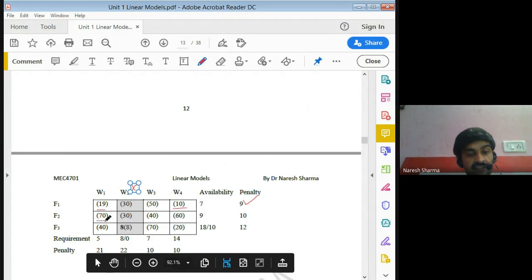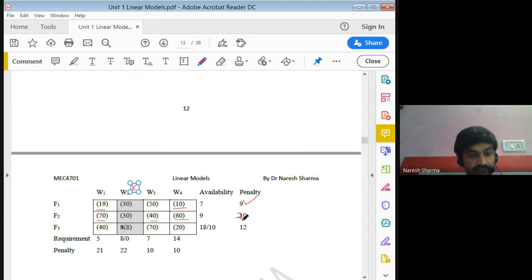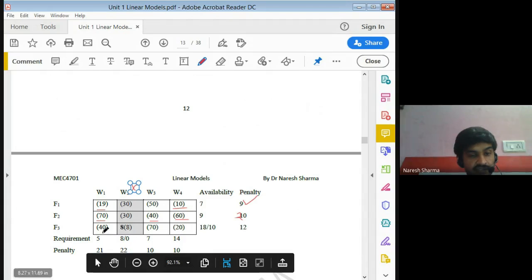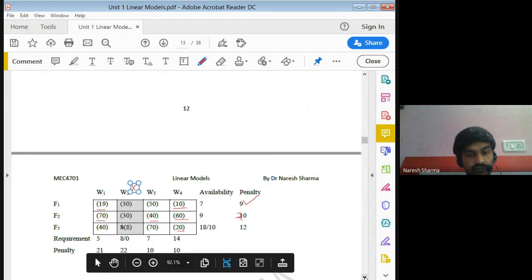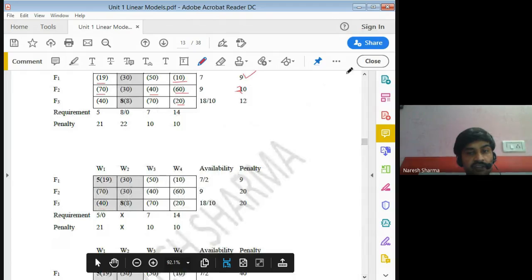So 40 and 60, so the difference should be 20 here. Right, so here it is your 20. So yeah, here it calculates the penalty.